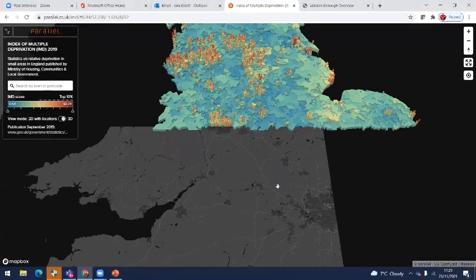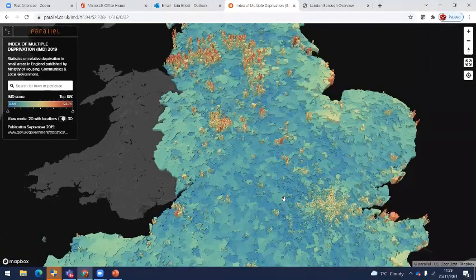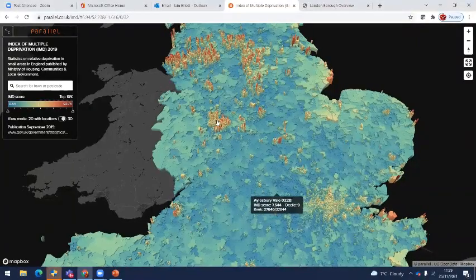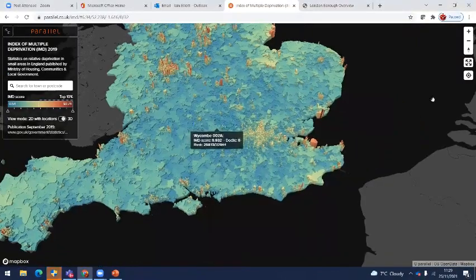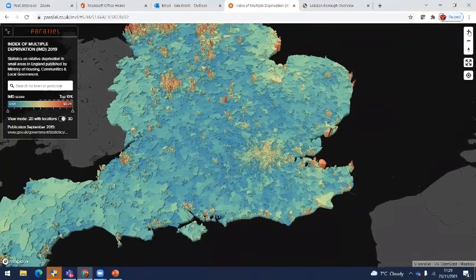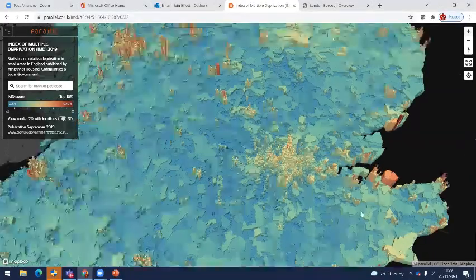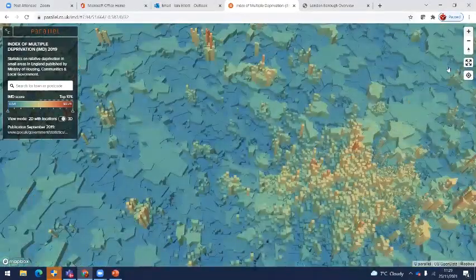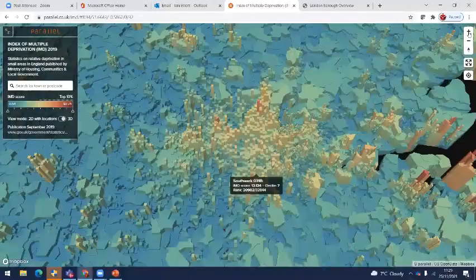There are various maps out there relating to it that you can use. This one is updated every couple of years, so the last one is 2019. You can zoom in on the area you want to look at.